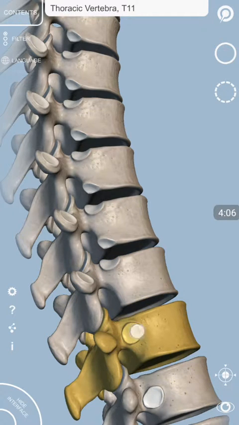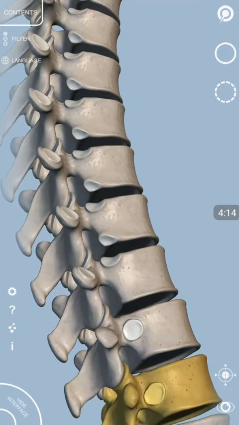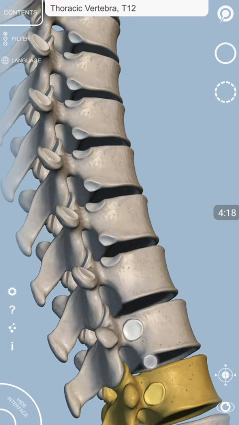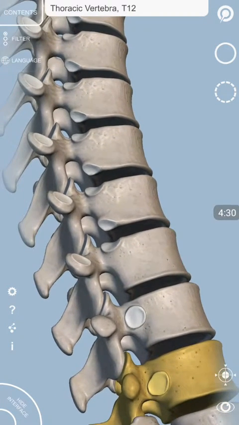Rather, there is one complete facet, half on the pedicle and half on the body. If you go further, on the 12th thoracic vertebra there are again no demifacets, rather a complete facet, and this complete facet has shifted backwards and inferiorly, to lie completely on the pedicle.